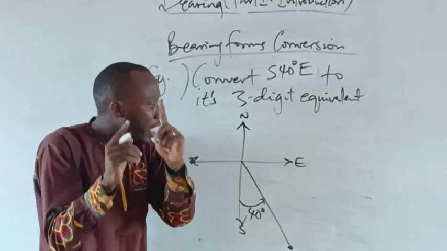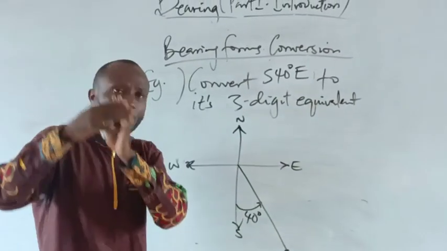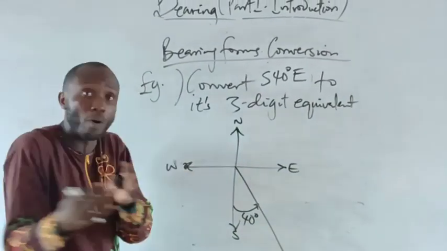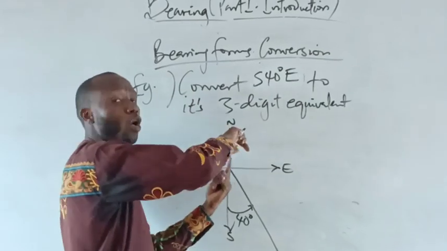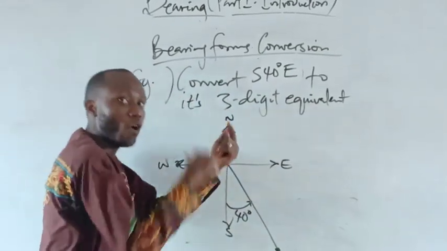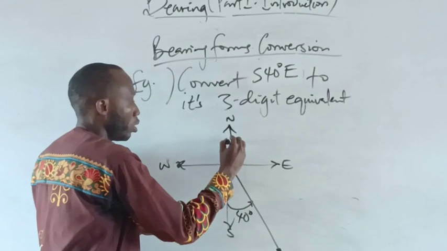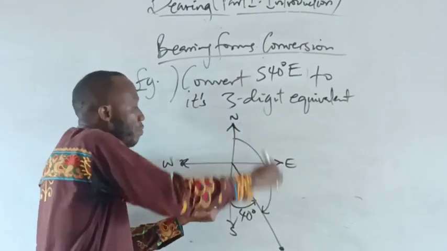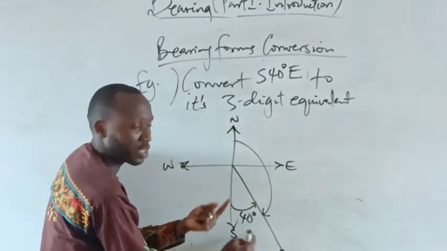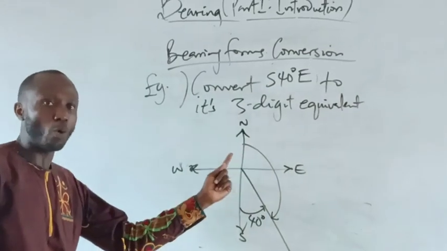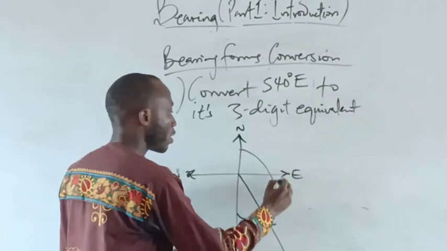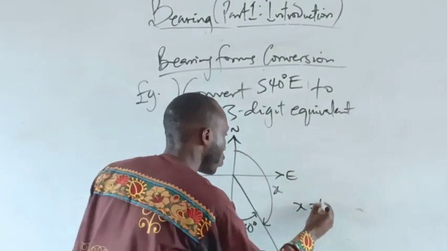Now, don't forget that the 3-digit bearing, or the 3-digit form of writing, is always clockwise. Clockwise from the North Pole. So you have to get the equivalent from the North Pole. So how do you get that? I can call it x, and that x is equal to 100.